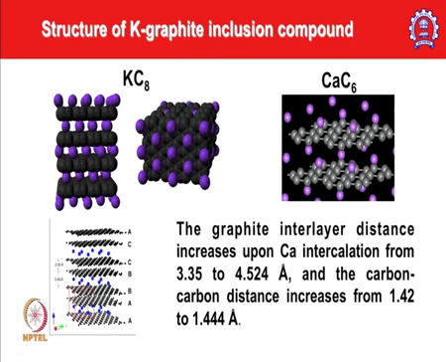And if you look into a similar inclusion compound of calcium, here the composition is CaC6, that is for every calcium there are 6 carbon atoms, and in this one the distance increases from 335 picometer to 452 picometers, and the carbon-carbon distance also increases from 1.42 or 142 picometers to 144 picometer.